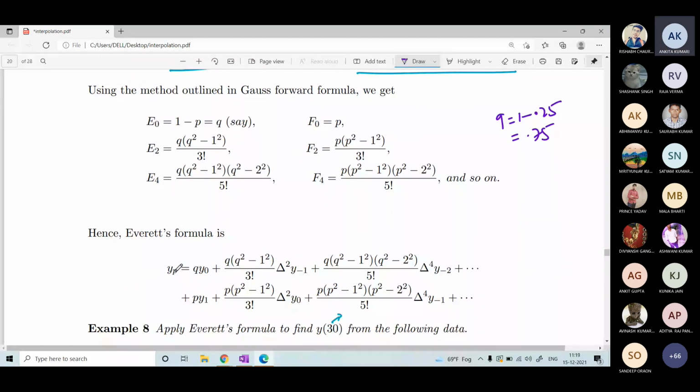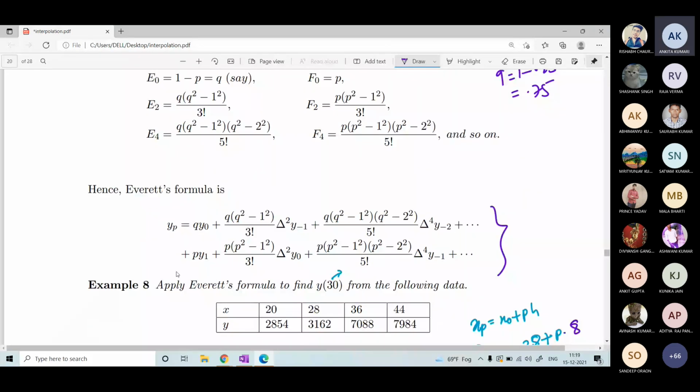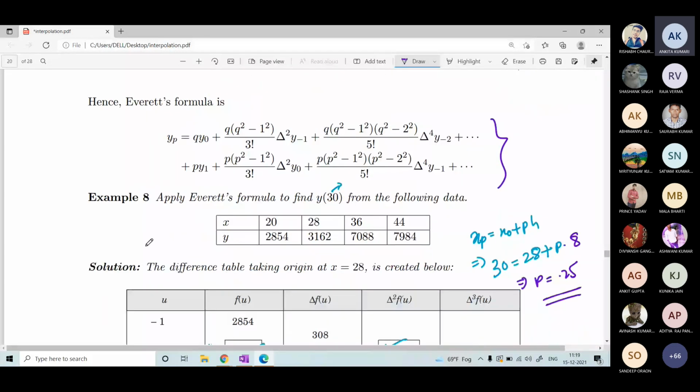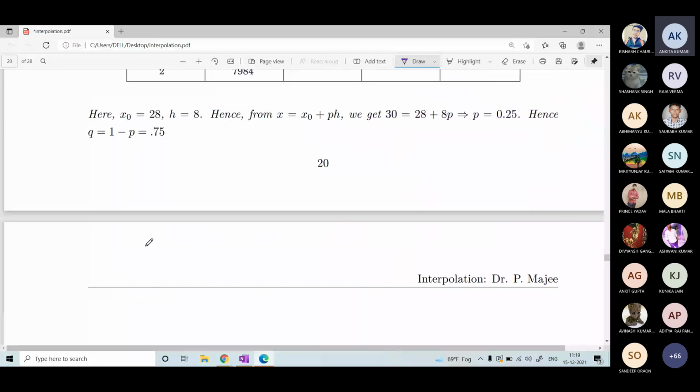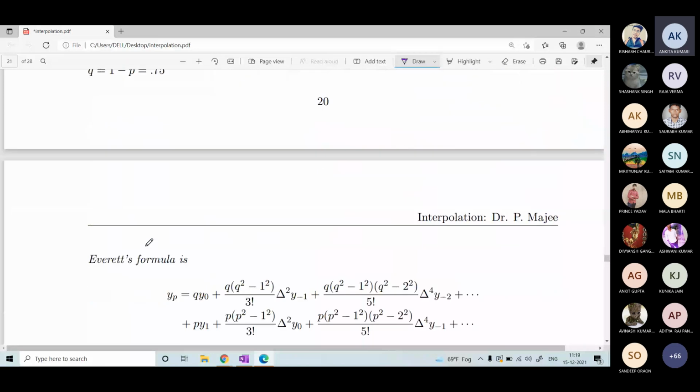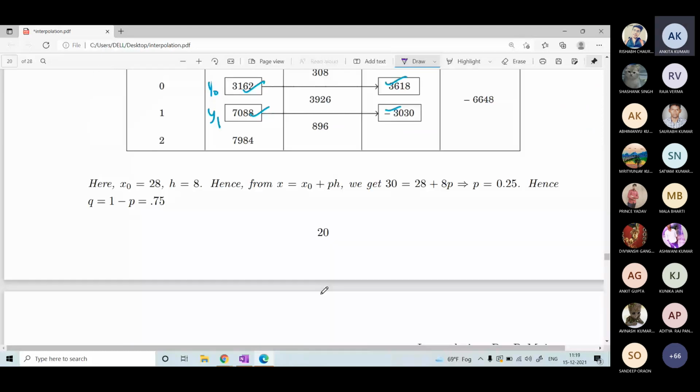Okay. So this is the formula, Everett's formula. Use this formula. So what will be the answer here? Q into y0 plus Q into (q square minus 1) by factorial 3 del square y minus 1. So these two elements are taken in the first row. Then in the next row you have to consider y1.